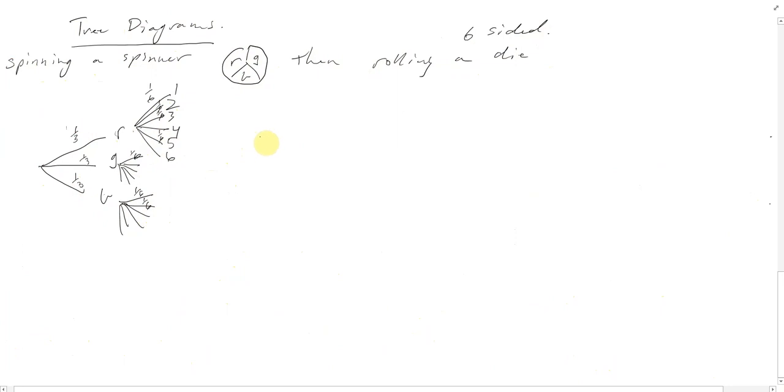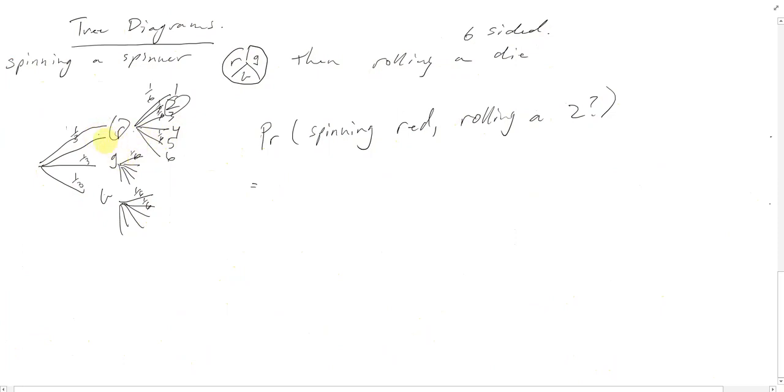So then if someone was to ask me the question, what is the probability of spinning red and then rolling a 2? Well, let's look. Here's spinning red, and then rolling a 2, there it is.